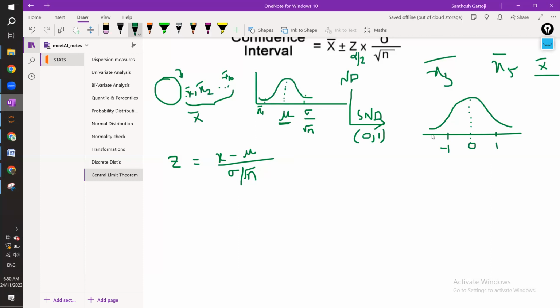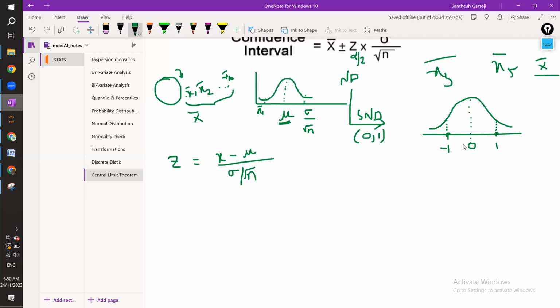Now here we want to know this particular value. Obviously when you have mu, it is converted into 0.